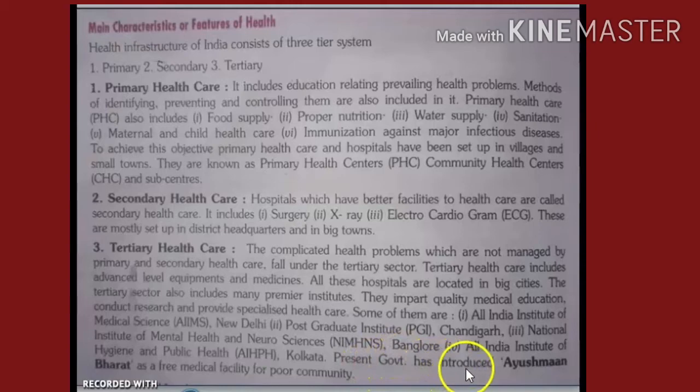The present government has introduced Ayushman Bharat as a free medical facility for the poor community. In Ayushman Bharat, for the prevention of corona, they introduced an app known as the Arogya Setu app.